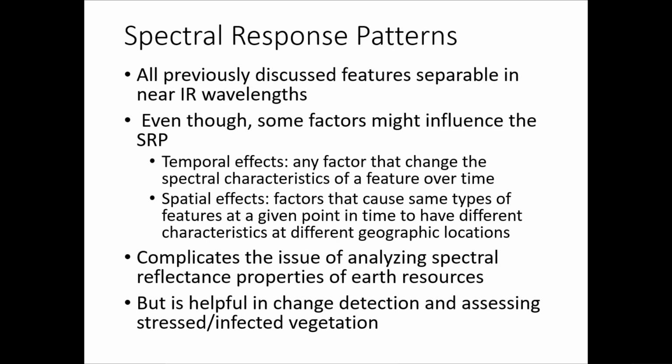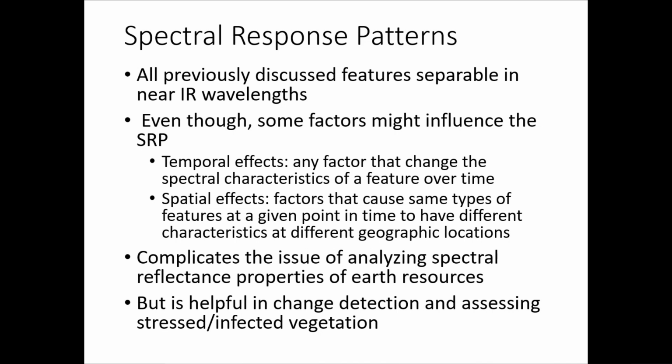Suppose they are not getting enough water, their chlorophyll production has reduced. So based on these spatial effects, you can easily detect which one of these vegetations is stressed or needs monitoring, right? Is that clear?